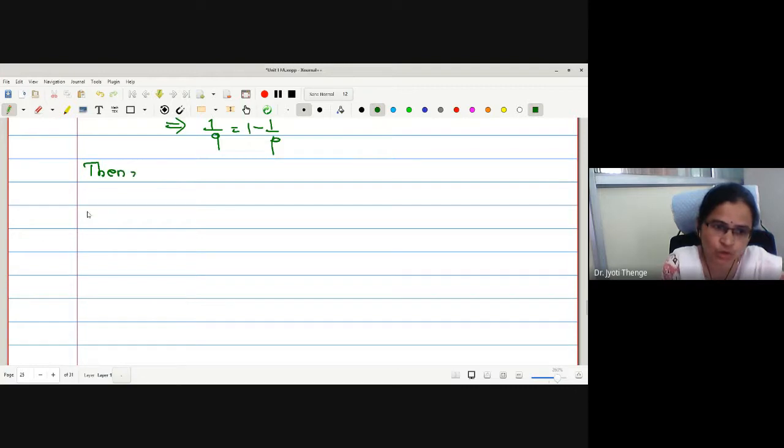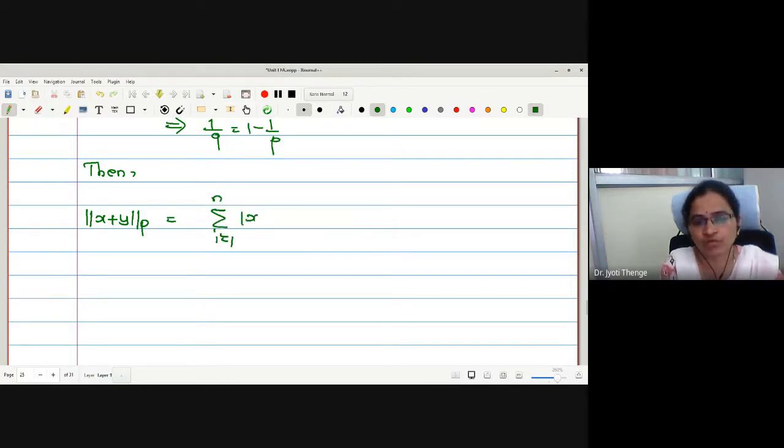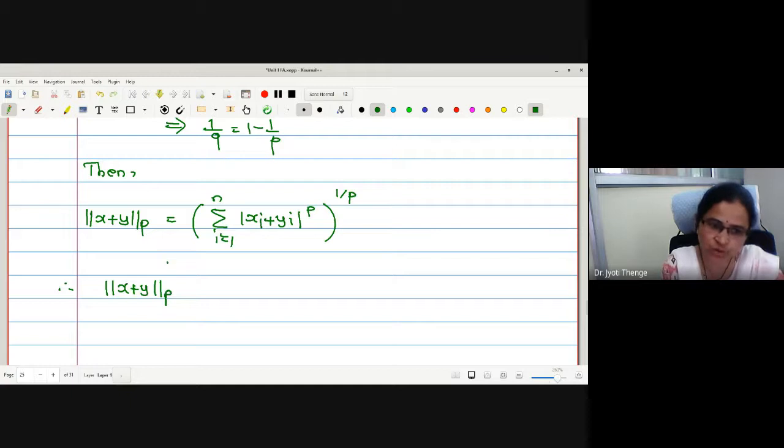Then norm p of x plus y. What is the definition? Summation i equals 1 to n mod of xi plus yi raised to p, bracket raised to 1 by p. Let me take the pth power on both the sides. Therefore, this is norm p of x plus y raised to p. Okay? Here you can put a bracket also for raised to p. See how I am doing the pronunciation.